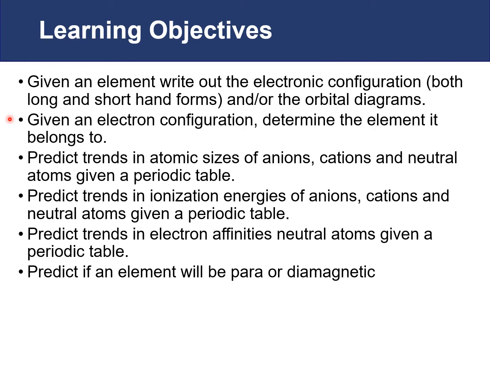Given an electron configuration, determine the element it belongs to, predict the trends in atomic size of anions, cations, and neutral atoms given a periodic table, predict the trends in ionization energy of anions, cations, and neutral atoms given a periodic table, predict the trends in electron affinity for neutral atoms given a periodic table, and determine if an element will be paramagnetic or diamagnetic.